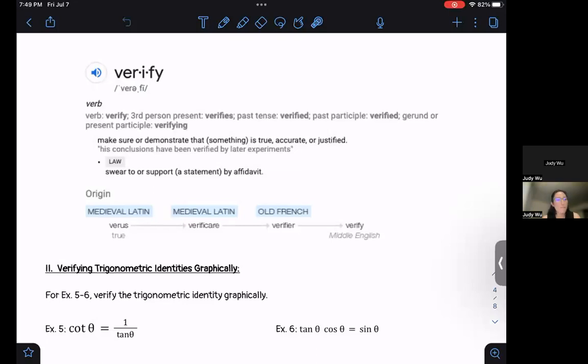And so even if you never use things again with trig, I think it's useful in your real life to think about how you might be able to convince someone that something is actually true, okay?